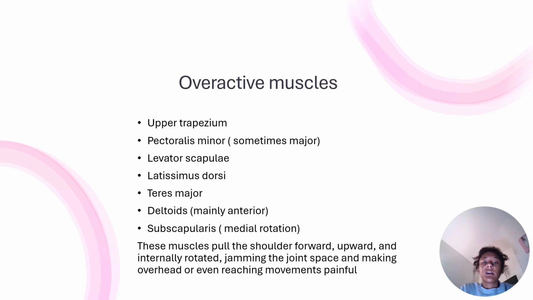And then we're going to look at the subscapularis because this helps with medial rotation, which is within that rotator cuff, and we're having problems there. These muscles are what pull the shoulder forward and upward and help with medial/internal rotation, jamming the joint space and making overhead or even reaching movements painful for said client in her left shoulder.